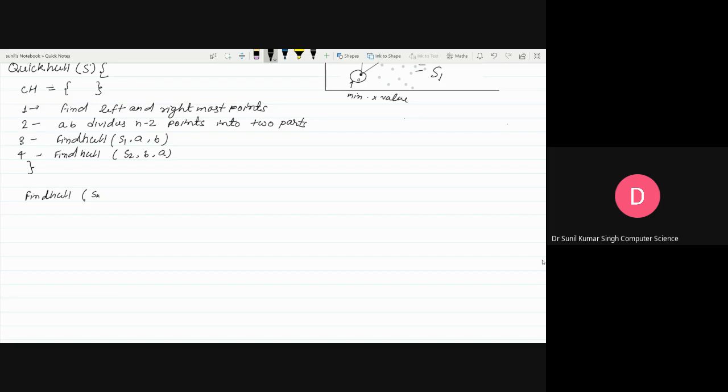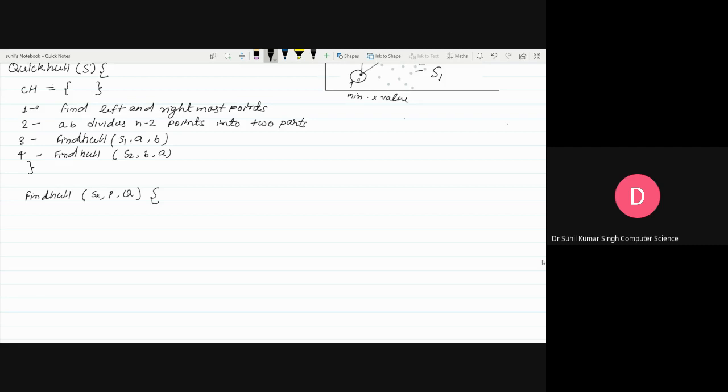S1 contains the set of points which are on the right side of line AB, and S2 is the set of points which are on the right side of line BA. And A and B themselves are the points. In find hull, Sk will take S1 and S2, whatever the function is called with. Sk will contain the set of points, and AB will be considered as PQ.